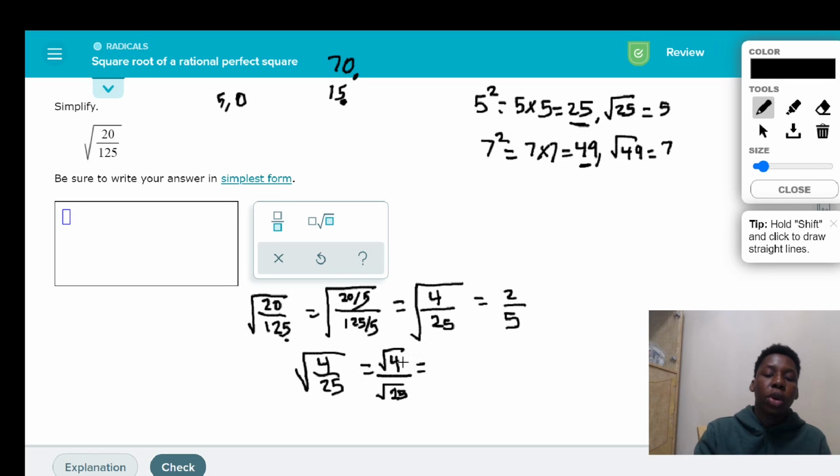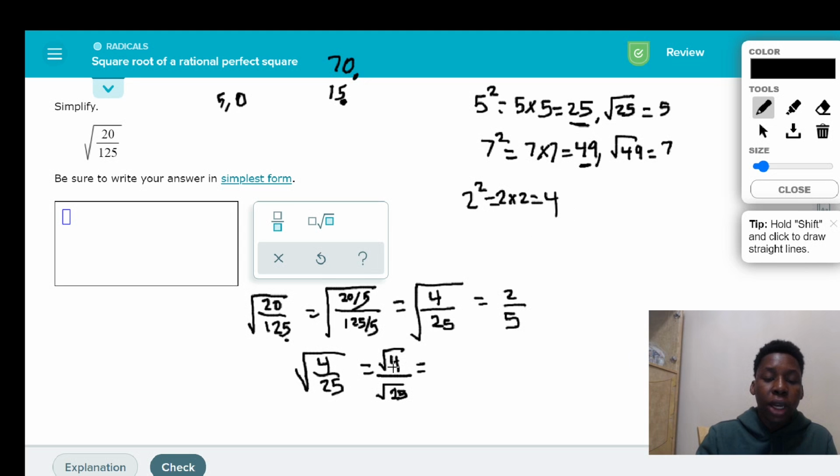And so when we find the square root of 4, we know that in order for us to get 4, based on what I used in the beginning example, we have to multiply 2 by itself. So we have to say 2 times 2 to give us a 4. This is the same thing as 2 squared equals 2 times 2, which equals 4.